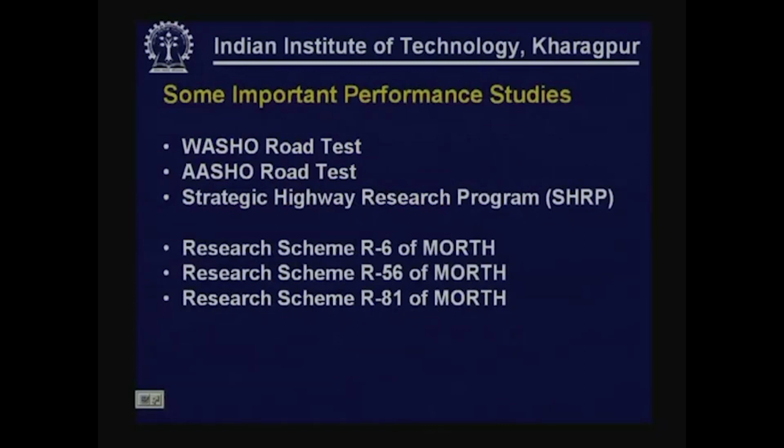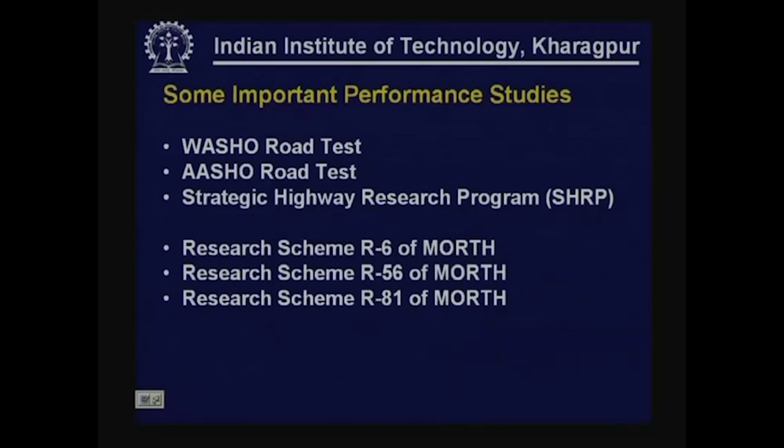Some of the important performance studies that have been carried out in the past are the WASHO road test and the AASHO road test, very major and important road tests. Most of the present day design concepts and performance concepts have been a result of these studies. These were conducted in the 50s and 60s in the United States.